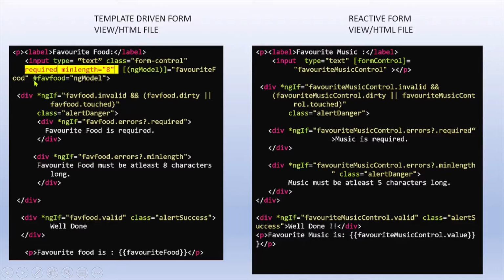So when you see this hashtag, right, this means that this is a template reference variable. And as you can see, we are exporting ng model to that template reference variable. Once we do that, we can use that variable for validation. So here we're saying if wayfood.invalid. Now we can use this property because that comes from ng model. Okay, so immediately that means that if it is invalid and dirty or touched.